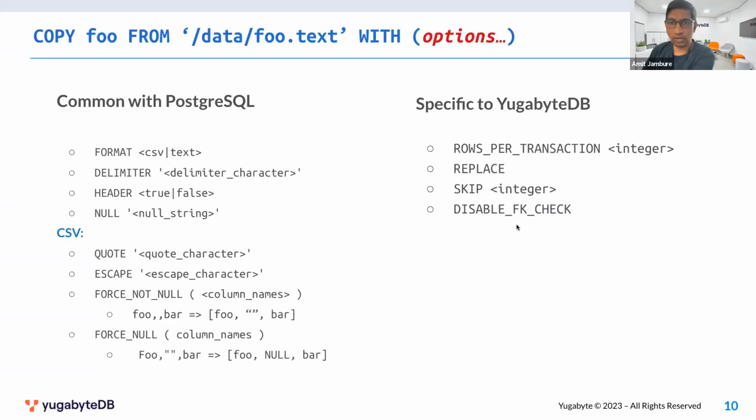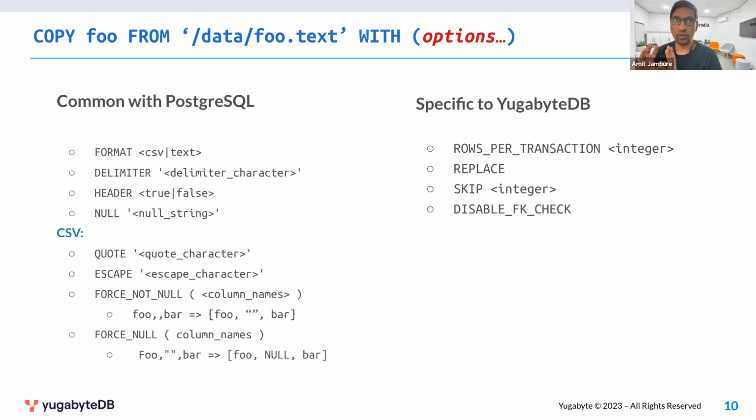Okay. Now let's quickly take a look at the 4 additional options that were added by Yugabyte. Let's start with the simplest one: disable foreign key checks. Here is the thing. The less work we perform during data ingestion, the faster the data load is going to happen.